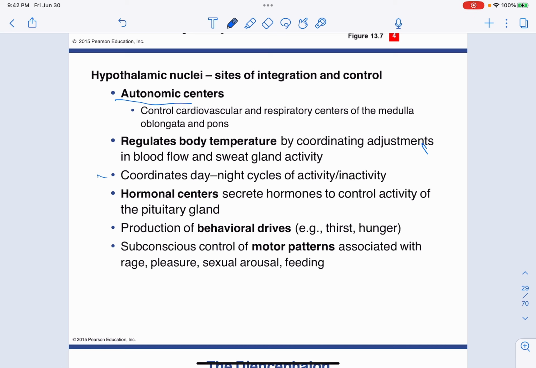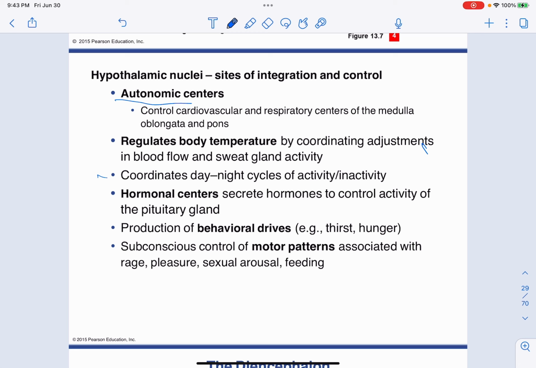It's going to release hormones, and the target of these hormones is mostly the pituitary gland. The hypothalamus also controls our behavioral drive, such as thirst and hunger centers. Also, like when you've had enough to eat.